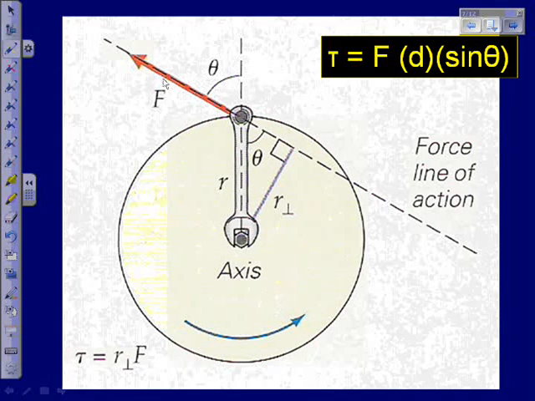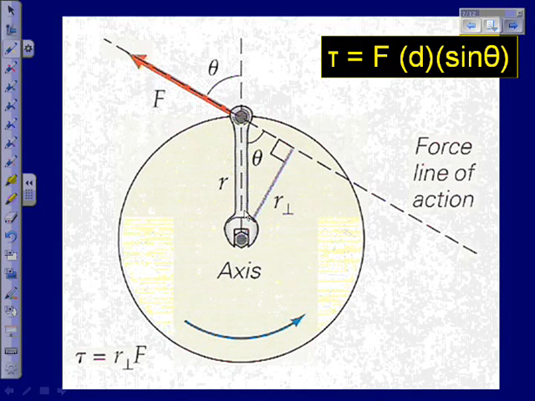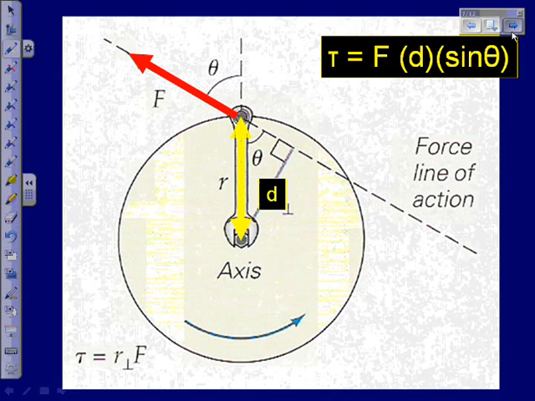So here's our F, the actual force that we're applying. Here's our D, the distance from the center of rotation. In this case, it's just going to be the length of the wrench, okay? And then we look at sine theta. Then theta is the angle between the force and the lever arm.